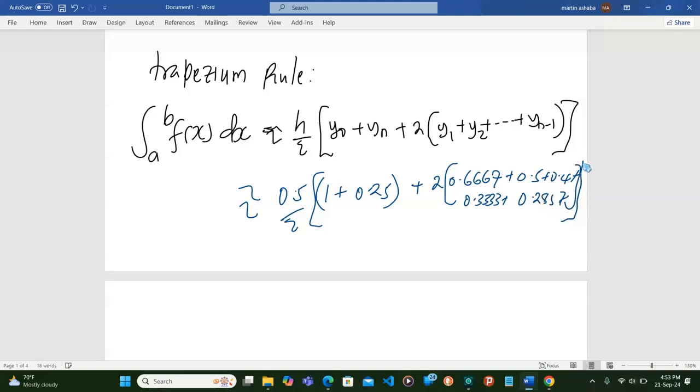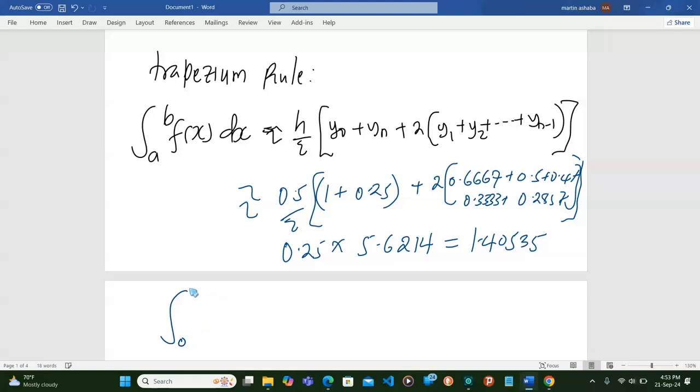If I carry out this evaluation, I'll have 0.25 times 5.6214, and this gives me 1.40535.